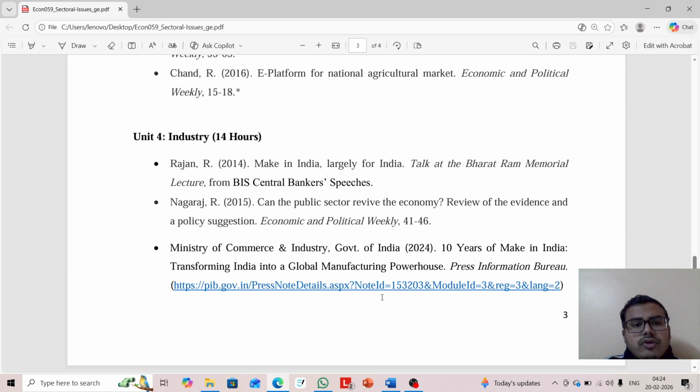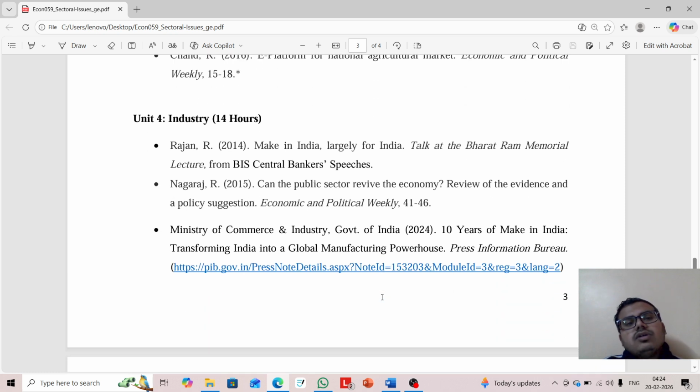Now let's move to Unit 4. Unit 4 is on industry. So in Unit 4 we mainly study the challenges that are presented in the industry sector of the Indian economy.